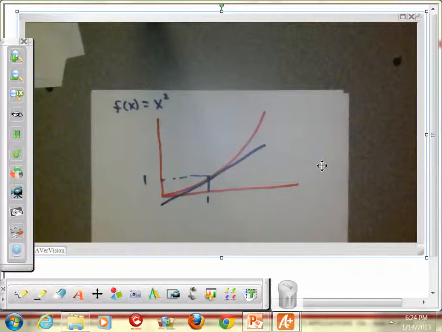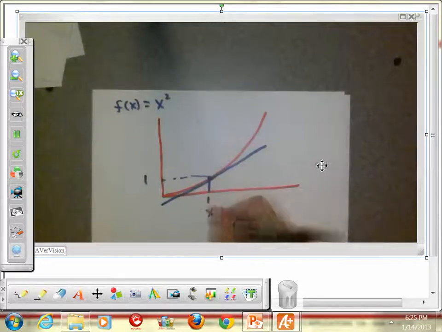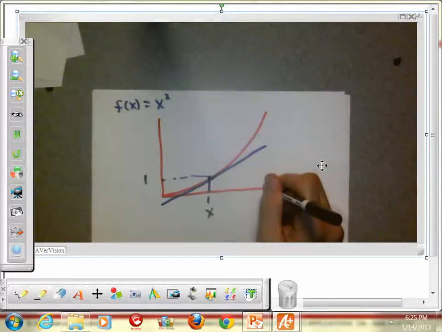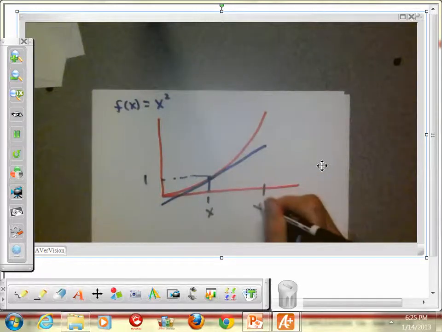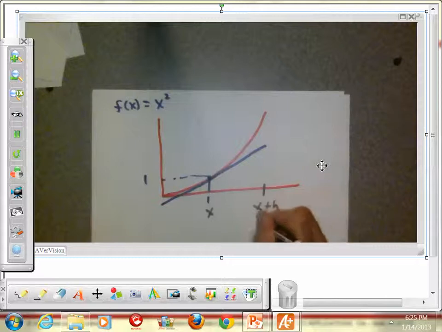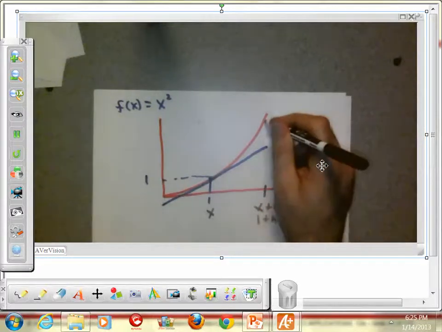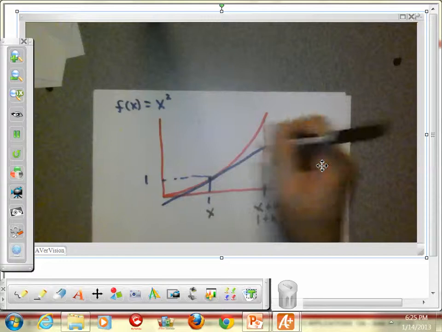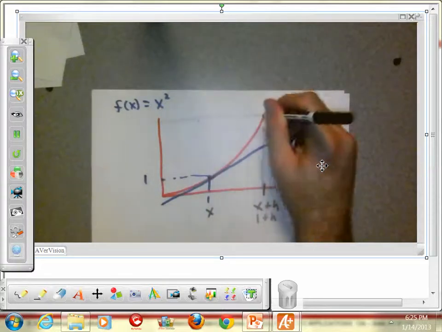So the general idea is, we're going to take this point, which is going to be our x value, so in this case x is 1, and we're going to take another point, which is x plus h, or in this case would be 1 plus h. And that's this point over here.